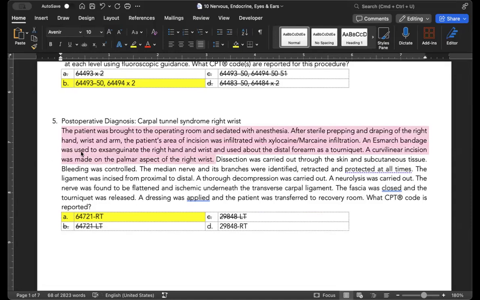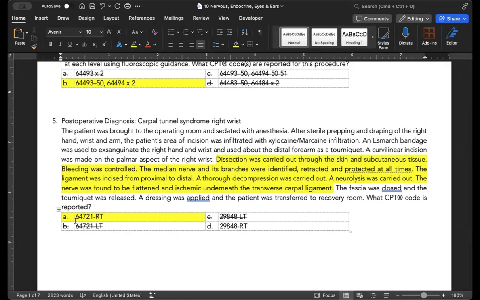This is all just telling us that they prepped and draped the patient and made an incision. This is really where the actual procedure starts, and it's only up to here, because then there's the closure and the tourniquet release. So all of this that's not highlighted is not really pertinent. Only about 4 lines are pertinent to the scenario.